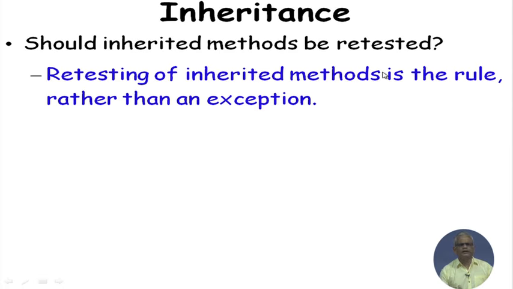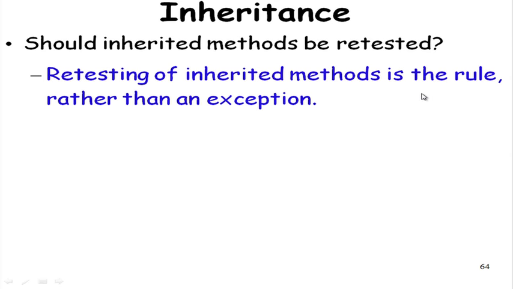Inheritance, we know that one of the important benefits of inheritance is that once a class has been tested and is working well, we can add new features in its subclass, and therefore we reuse working code.